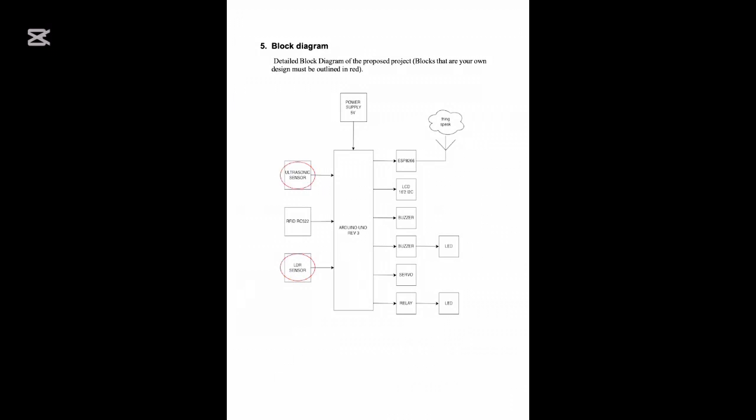And then here is the block diagram that I've designed. It consists of 3 inputs. On the left hand side, a power supply. On the right hand side, which is the output, it has an ESP, an LCD, 2 buzzers.